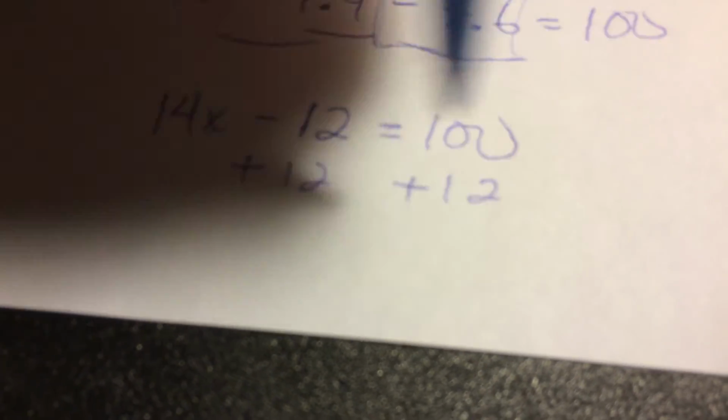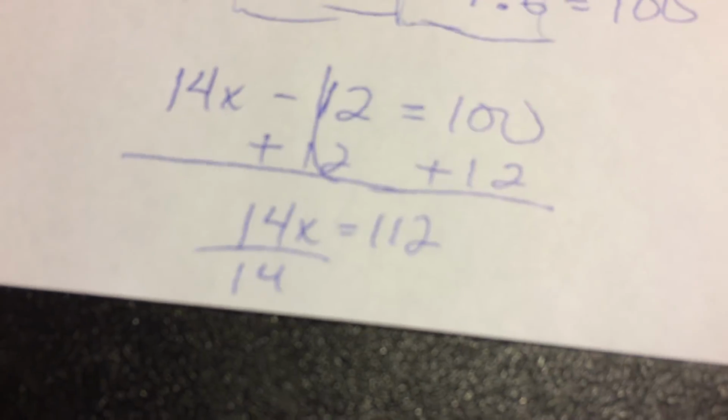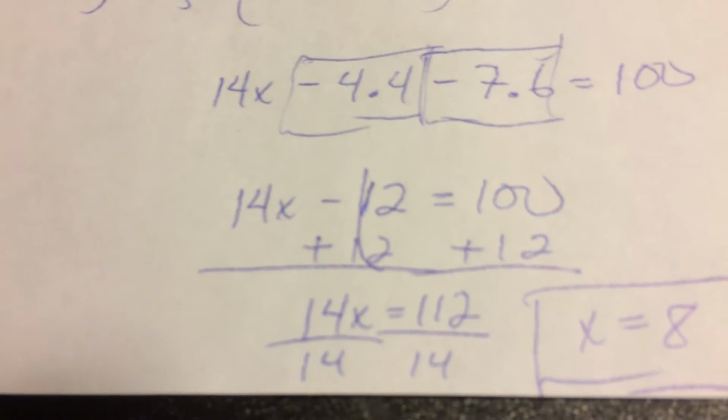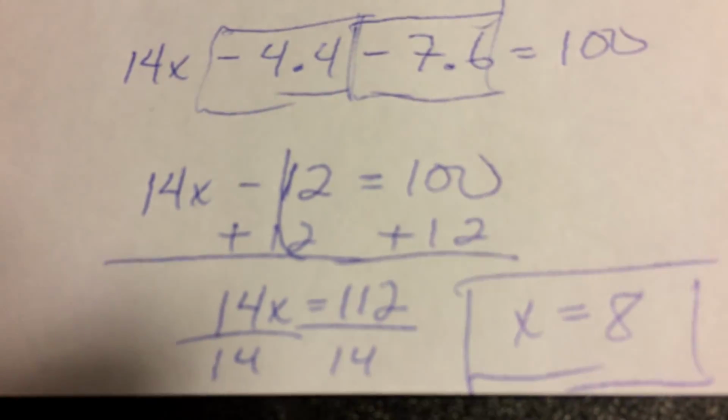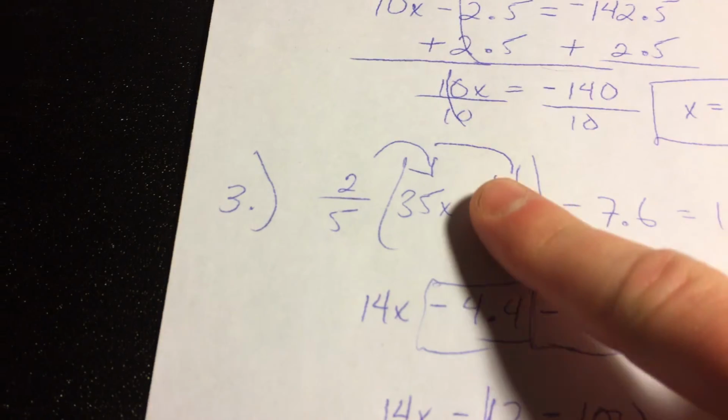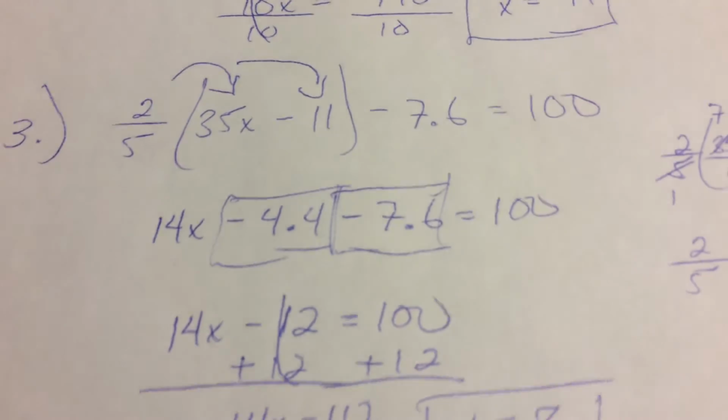At this point, I add 12 to both sides. 14x is equal to 112, and I will divide both by 14, and x is equal to positive 8. And so, of course, it's always a good idea to check the answers, so you could plug 8 back into your equation, and you would see it works.